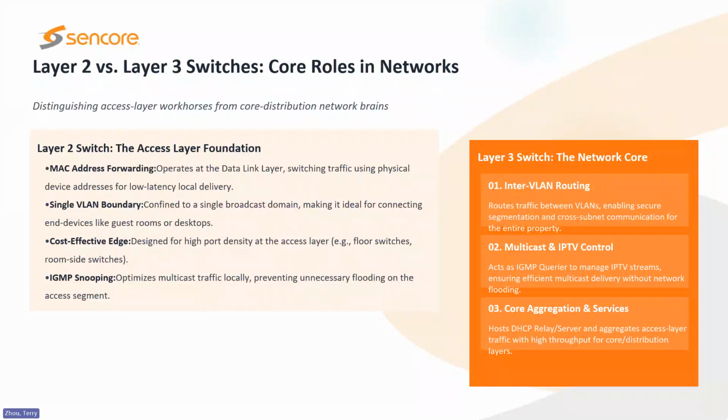IGMP snooping is typically needed when a multicast stream is running inside a network, especially for an IPTV system. You have to enable IGMP snooping properly in order to control such streams.